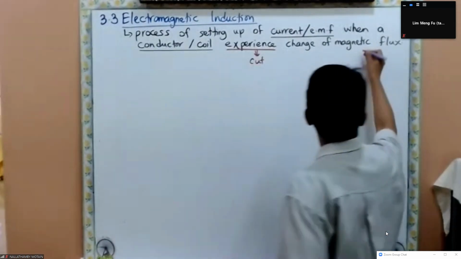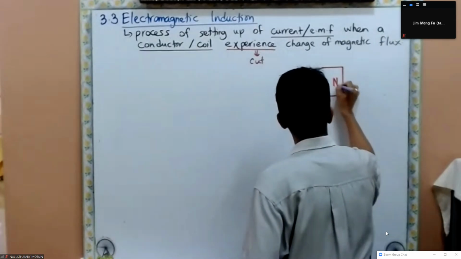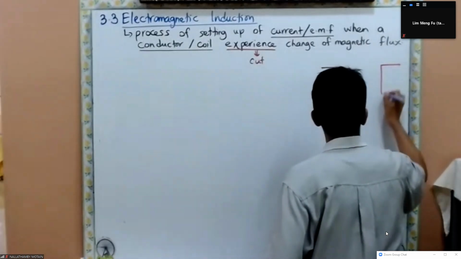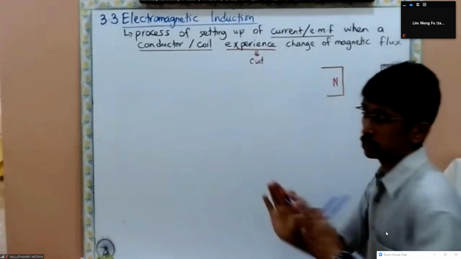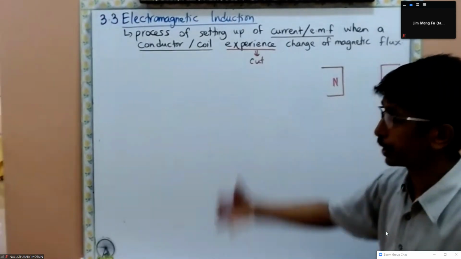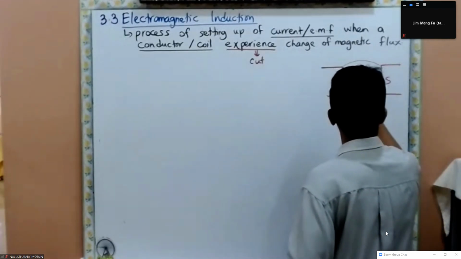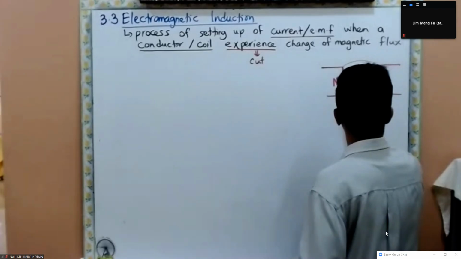So what is the magnetic flux? Let's say this is a north pole and here is a south pole. The shape of the magnet is not suitable, but you already know the correction; I already explained it before. The magnetic field is almost uniform, but not uniform.